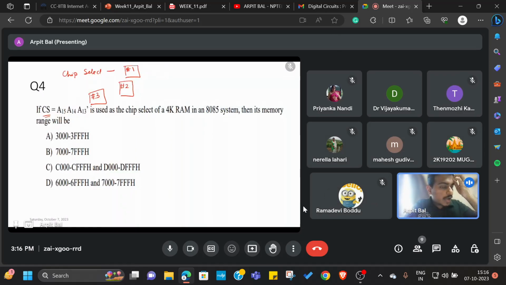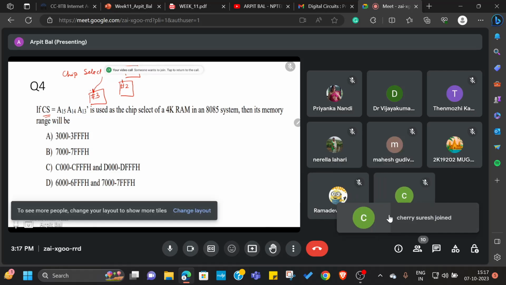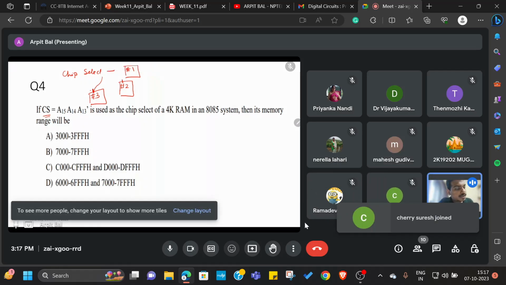If I have to select any one of the memories, what usually happens is there is an enable signal associated with each memory. That enable is called chip select.